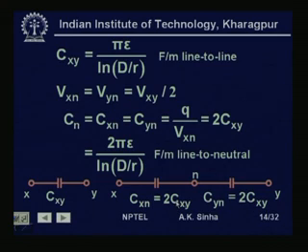So, 2Cxy and 2Cxy in series will give me Cxy. So, Cyn or Cxn, which is equal to Cn, the capacitance to ground for any of the two phase conductors, will be equal to 2 times Cxy. This is equal to 2 pi epsilon divided by ln(D/r) farad per meter for line to neutral capacitance.